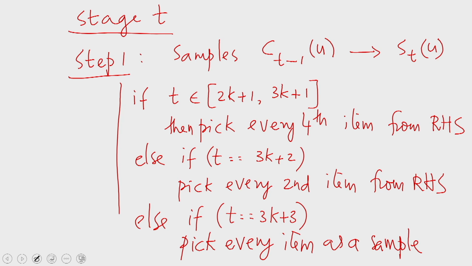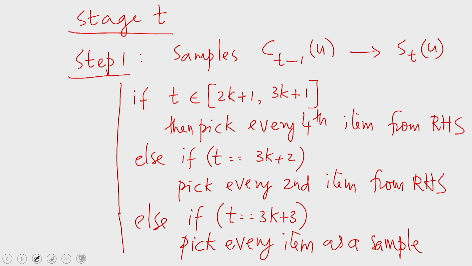Else, if t is 3k plus 2, we pick every second item from the right hand side of Ct minus 1 of u. Else, if t equals 3k plus 3, we pick every item of Ct minus 1 of u. So, these are the actions for step 1.